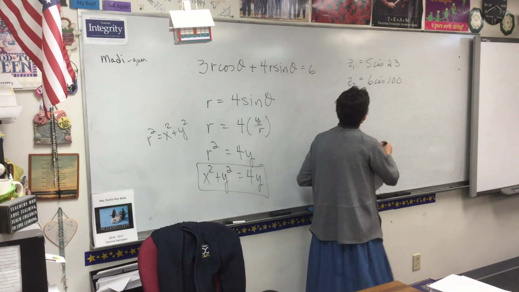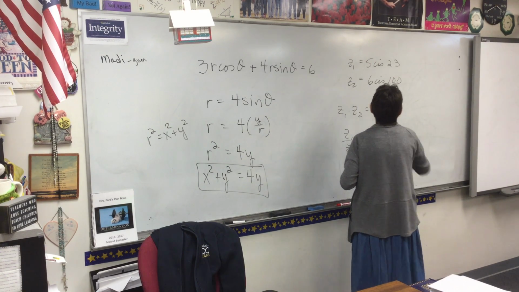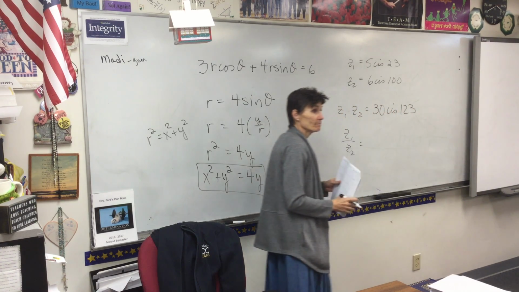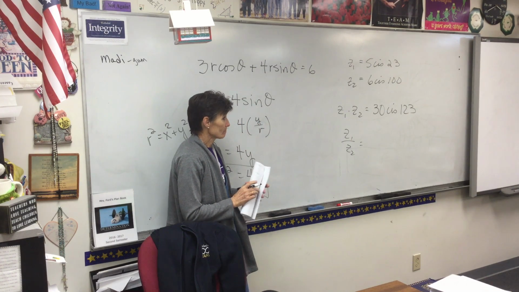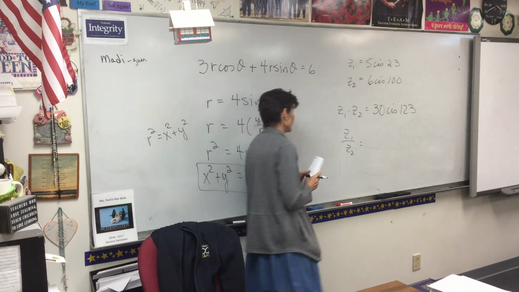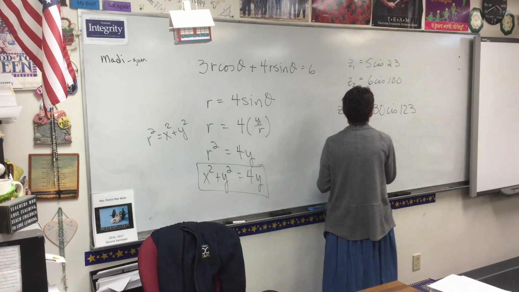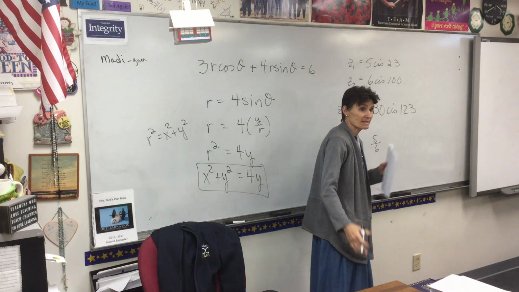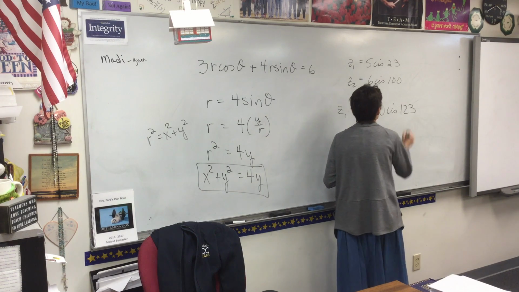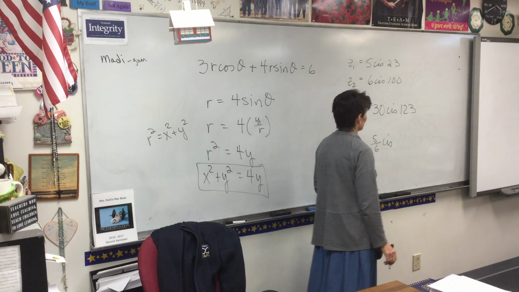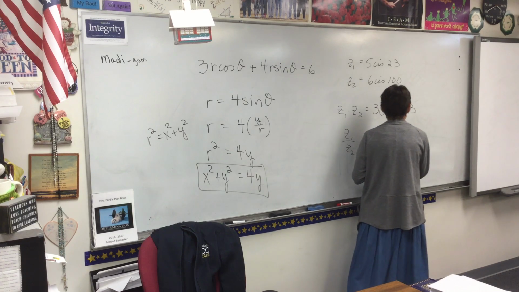Yes, 5 times 6, 30. 100 plus 23. Beautiful. And we're done, right? Because it's not bigger. Maya, do you remember how to do the division? You divide the 5 and 6. So that's just going to be 5/6, right? And you subtract the 23 and the 100, you get negative 77. Perfect.